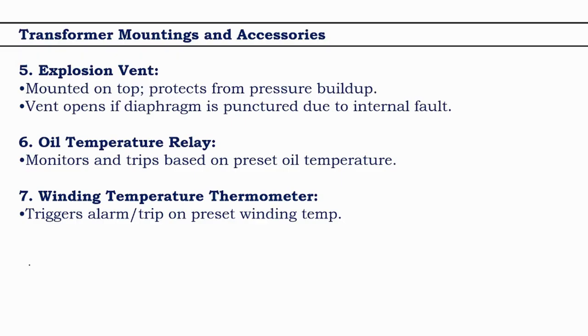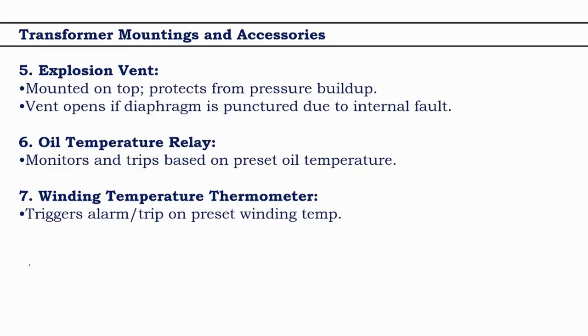Due to this enormous heat, the oil gets heated up and expands. The expanded oil will come out through this explosion vent by damaging the diaphragm, to keep the transformer safe, otherwise it may lead to explosion of the main tank.